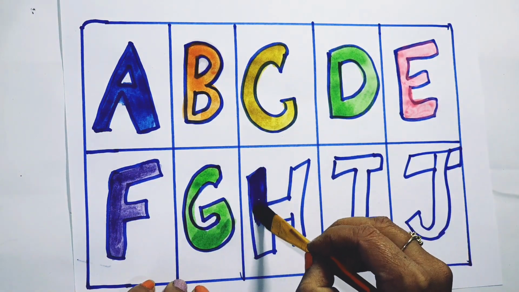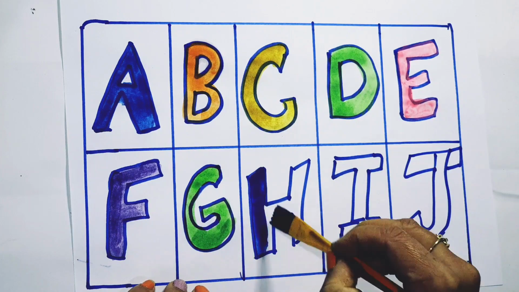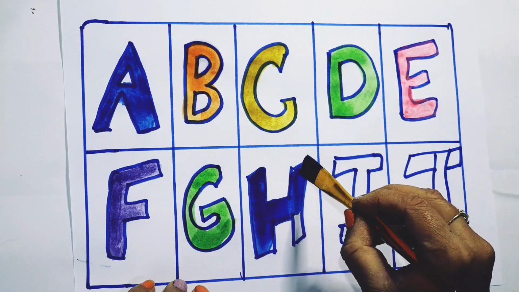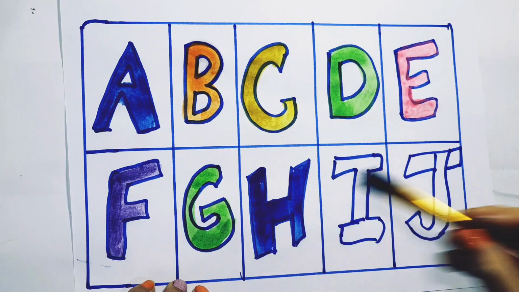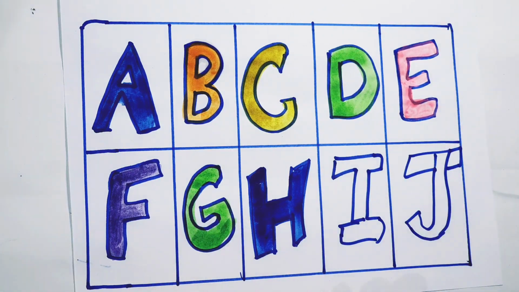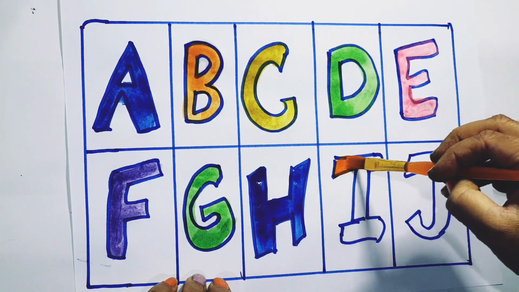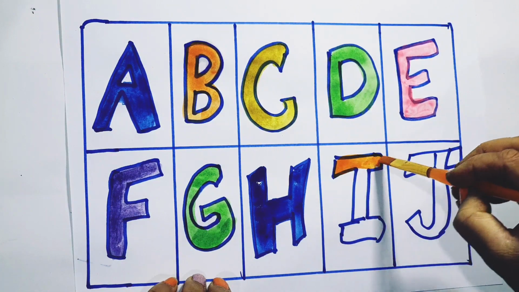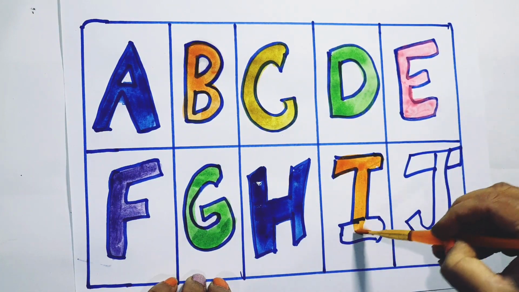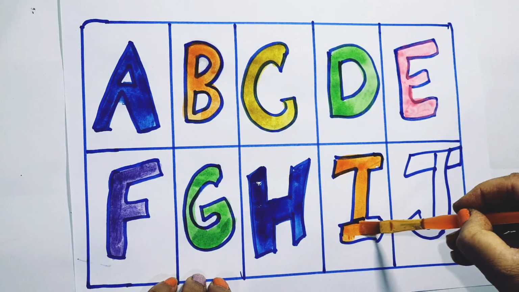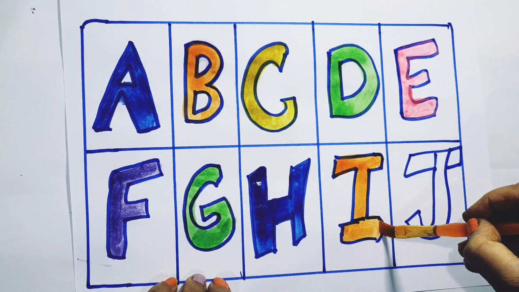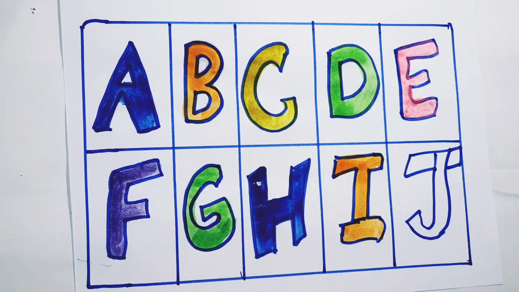H. H for house. Orange color. I. I for ice cream.